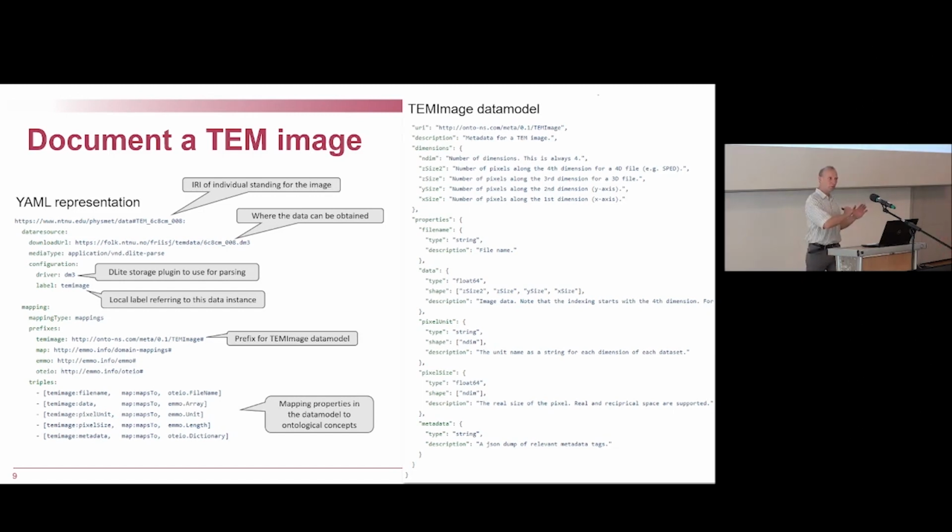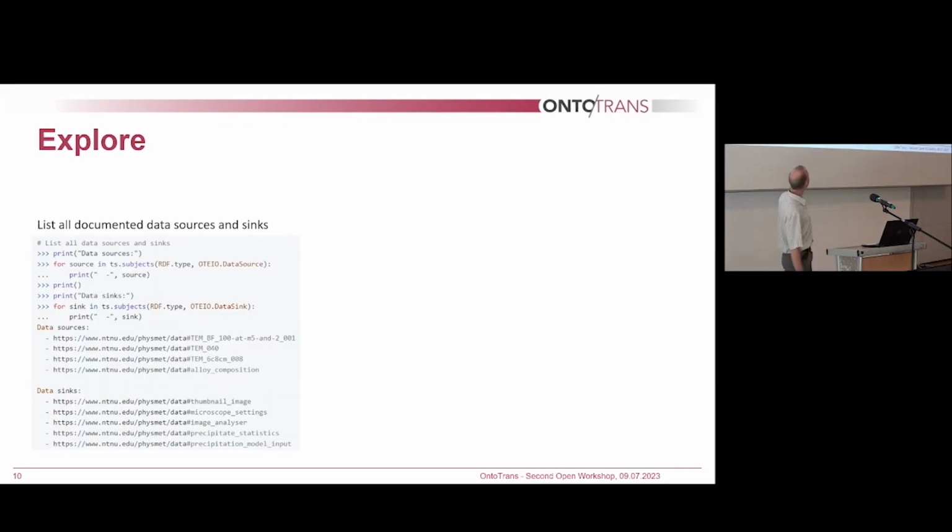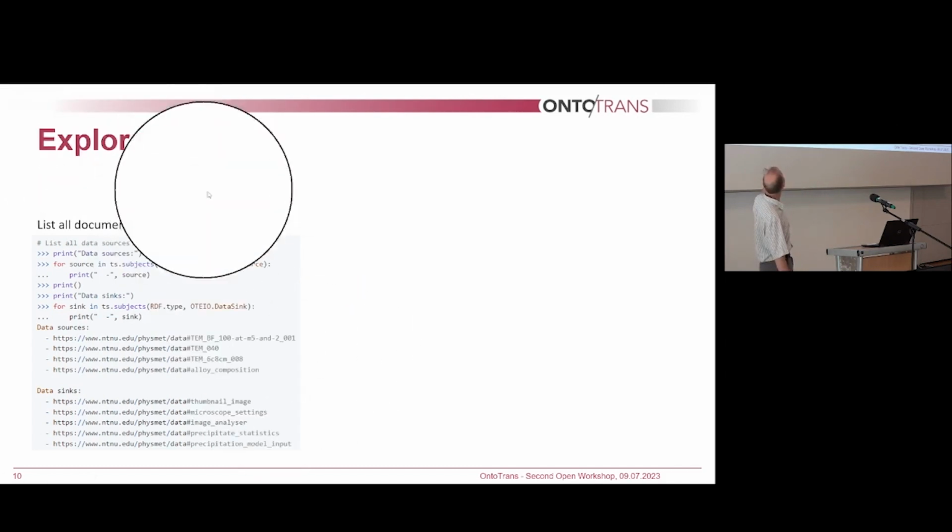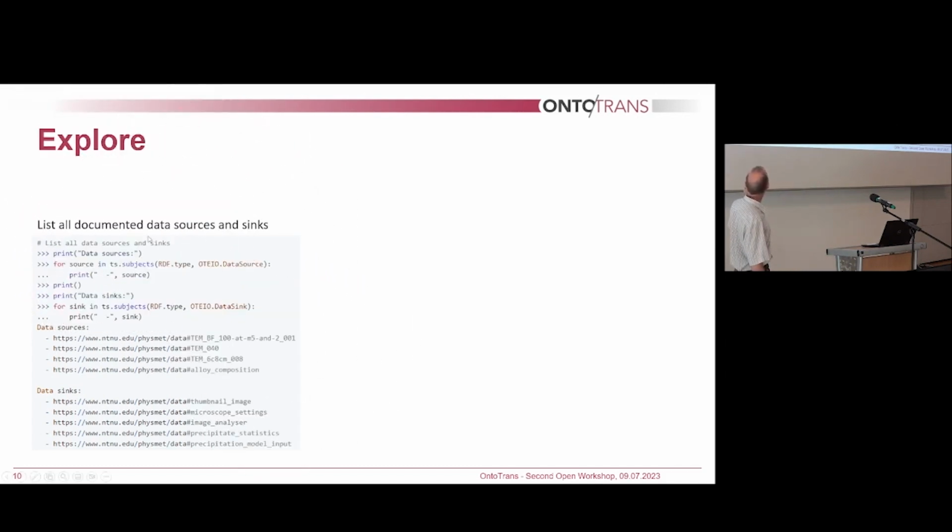So the first step, this first question, explore the data. This is very simple, just a few lines of Python code using Tripper. What I'm doing here is simply to ask for all data sources we have, and then afterwards all data sinks, and it just lists the two nicely down the screen.